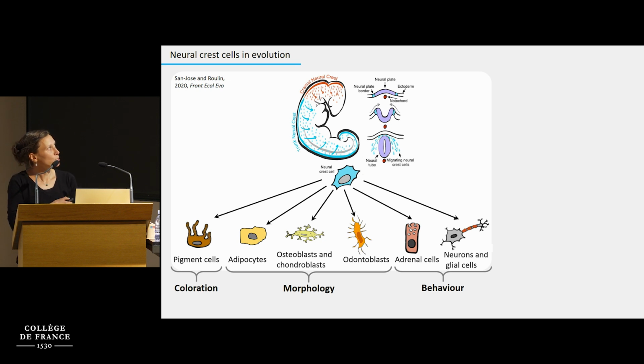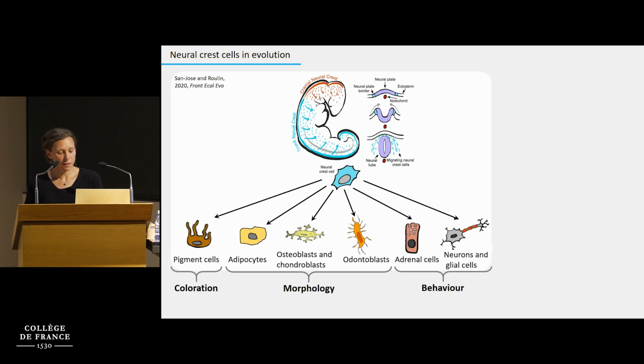What you can easily appreciate from this scheme is that if you change anything in the regulation of neural crest cells early in development, for example, increased proliferation or increased migration, then this will have knock-on effects on all these cell types together. So you have this inherent covariability between these traits due to their shared origin in neural crest cells.